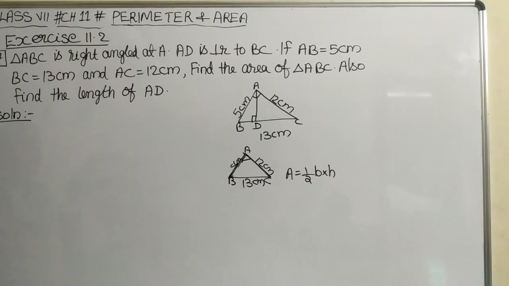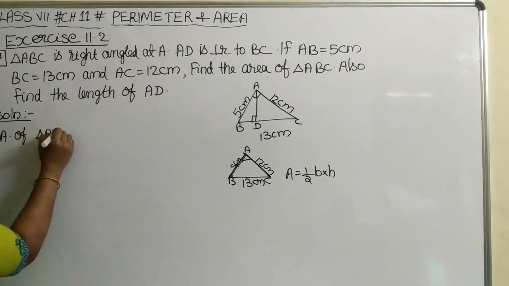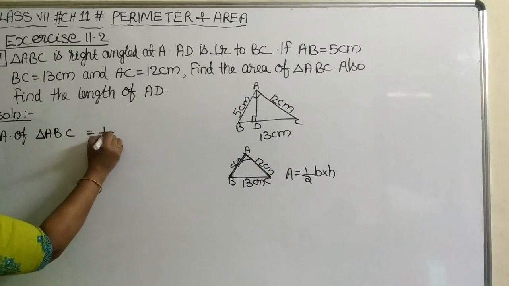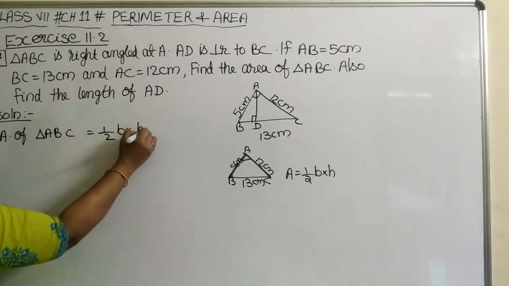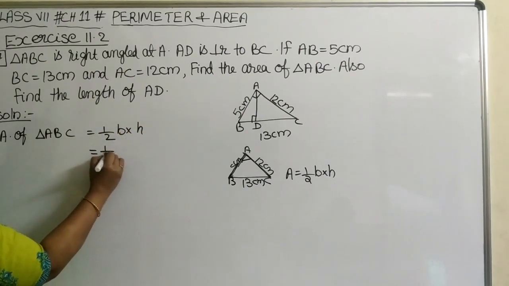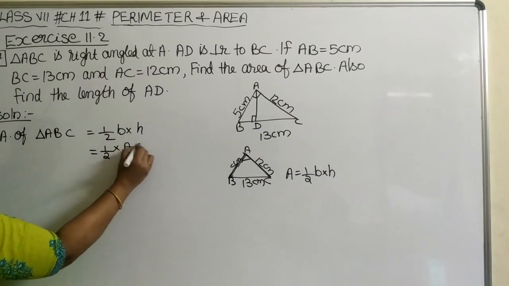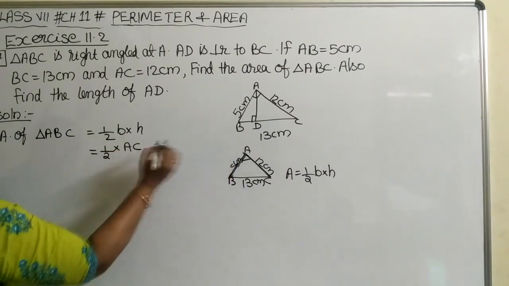So we can find area of the triangle first. We can write area of triangle ABC equal to half into base into height. Here we are taking the base as AC, then the height will become AB.